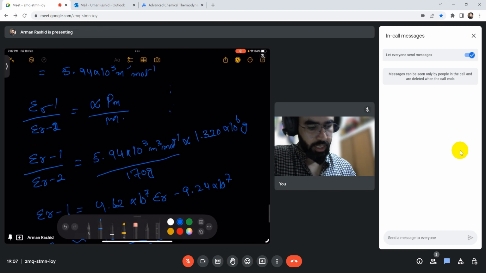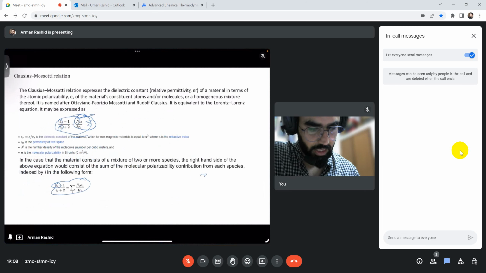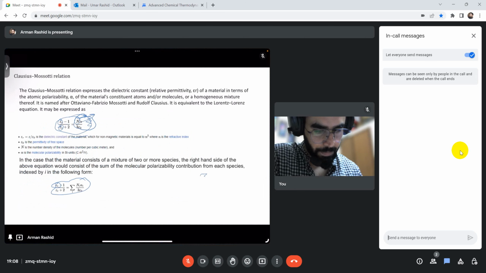Now this relation, as I have shown previously, is where n determines the number density and alpha is the polarizability.